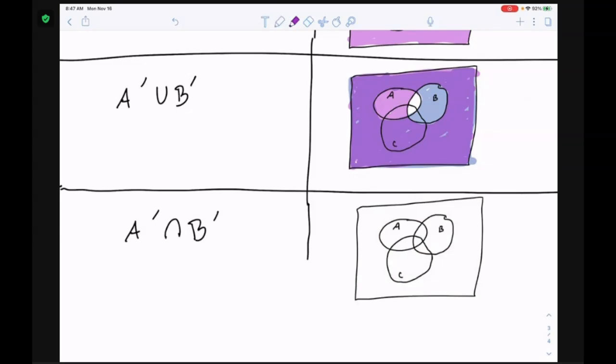So not A. Let me try a different color. Not A. Hey, don't do that to me. Technology got a little fancy on me and it was like, oh, let me make that into a circle. No, no. So here's not A.